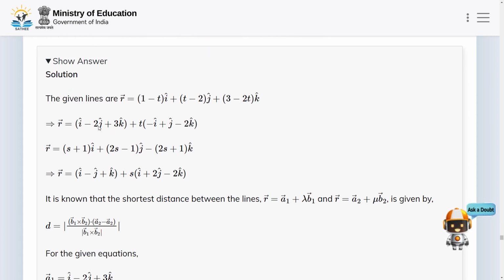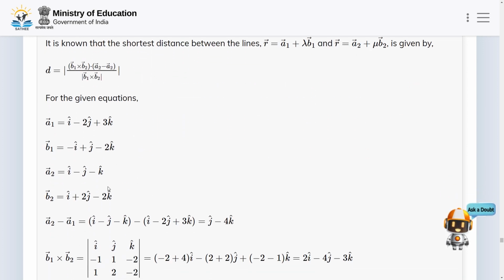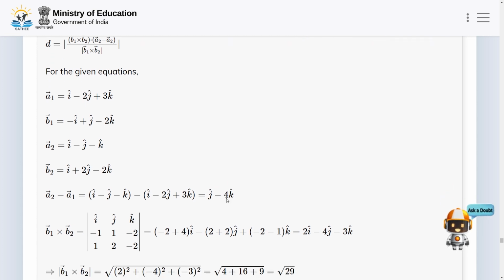Then you will get some a1 vector plus scalar, here we are using t, times some b1 vector. This is your a2 vector, plus some scalar, here we are using s, times some b2 vector. Now on comparing, a1 will be this, b1 will be this, a2 will be this, b2 will be this, and a2 minus a1 will be j hat minus 4k hat.